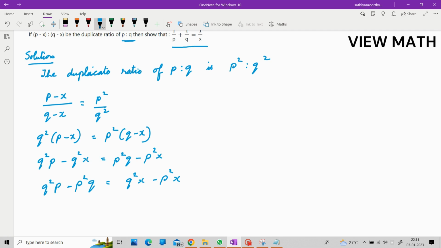So I can see in these two terms pq is common. Let me take it outside, pq. So I am left over with q in the first term and the second term it is p. So this is equal to, x is common. Let me take it outside, so it is x into q square minus p square.